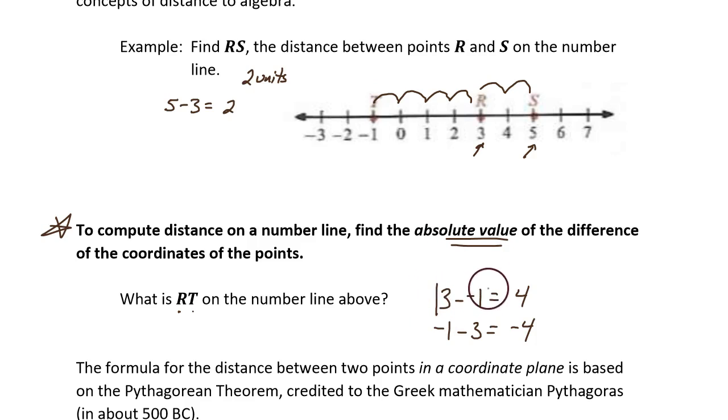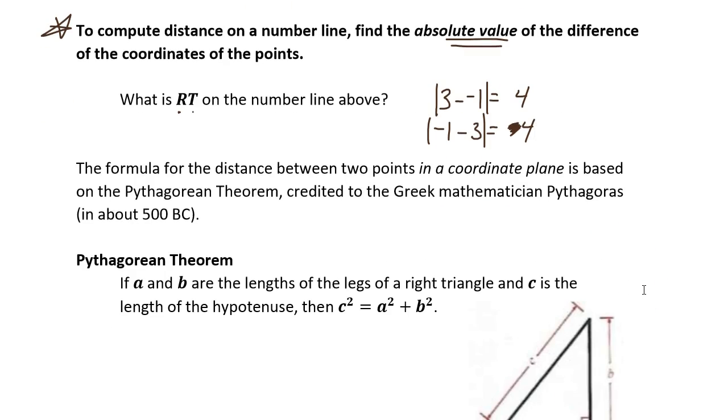The absolute value of 3 minus -1 makes +4. The absolute value of -1 minus 3 also makes +4. So in geometry class, your teachers will expect you to use absolute values to find distances. Then it doesn't matter which one you call the starting point and which one you call the ending point. You'll still get a positive answer at the end.